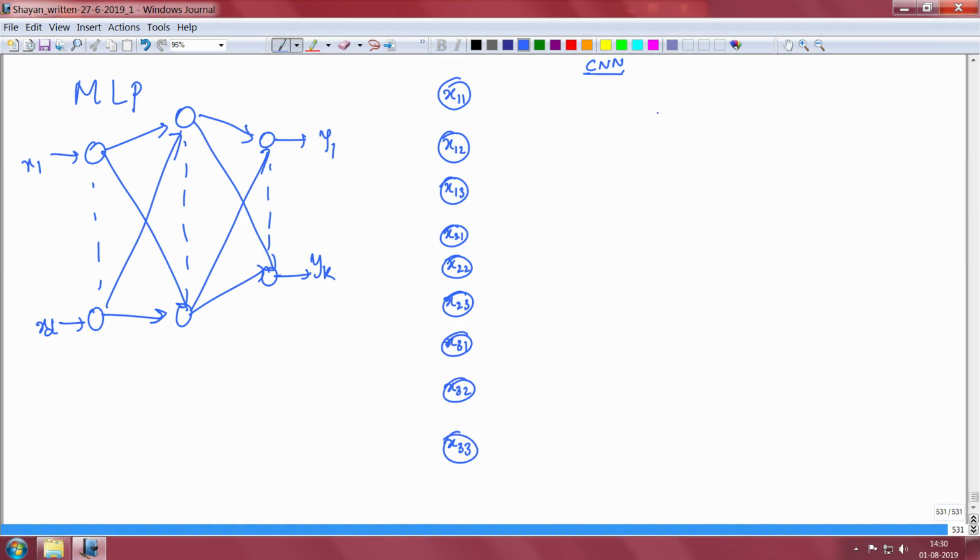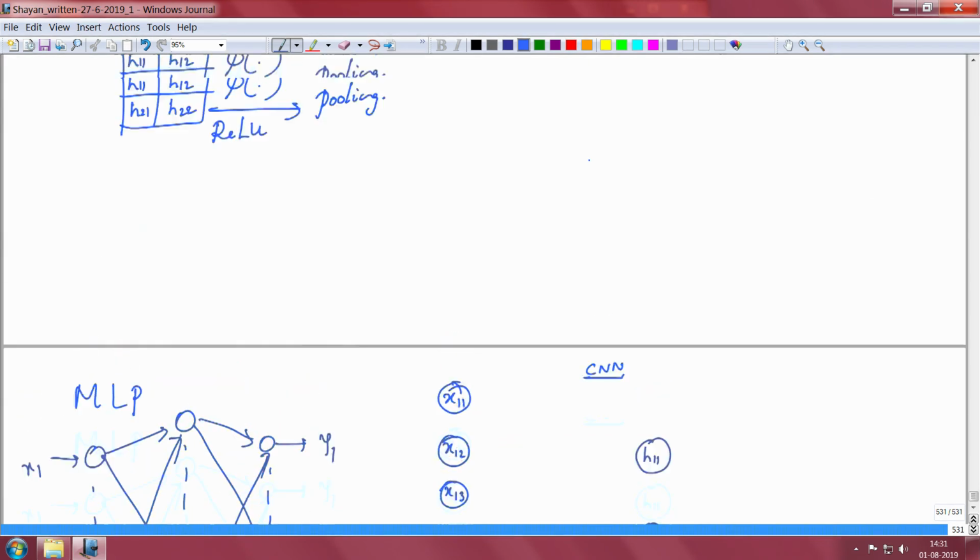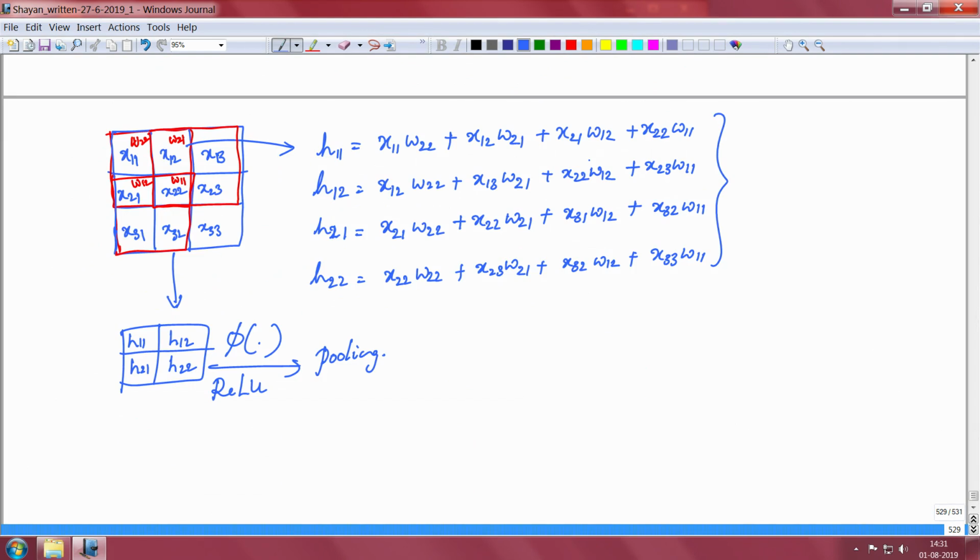Now, I defined 4 different parameters, h11, h12, h21, h22. Now, let us draw the connections by looking at this set of equations.